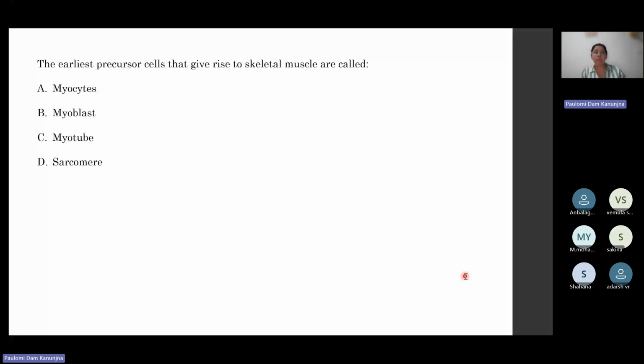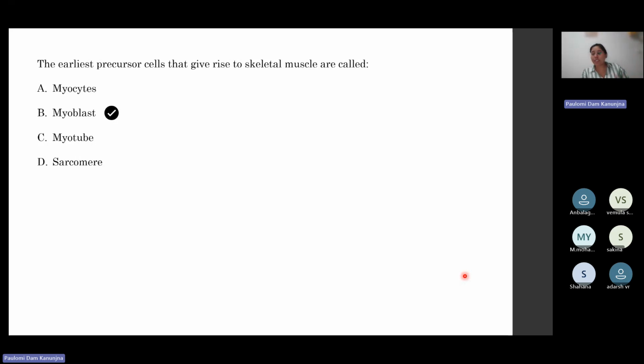Myoblast. We know myotube, we know sarcomere. Let's not deal with them because myotube comes after myoblast: your myoblasts will first fuse and that will form myotube. Sarcomere comes much later, in a step where you have the sarcomere and then the sarcolemma, all those things, right?